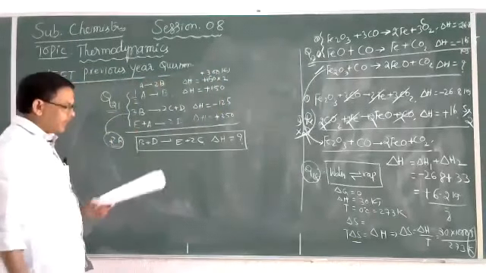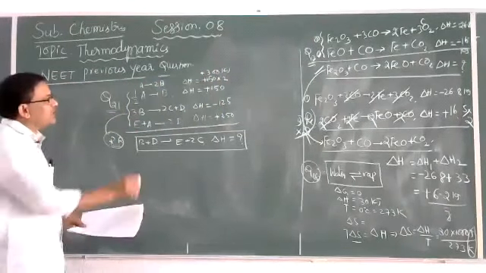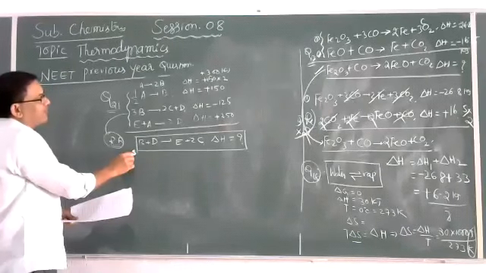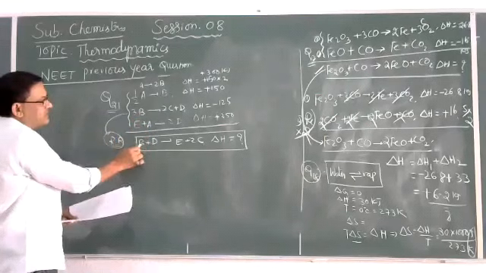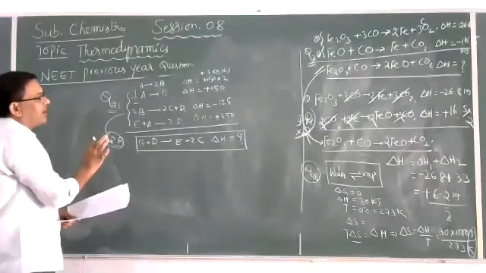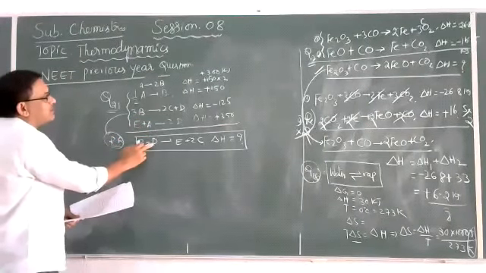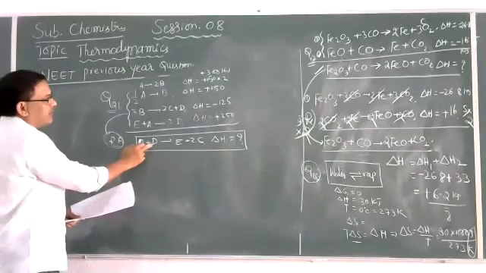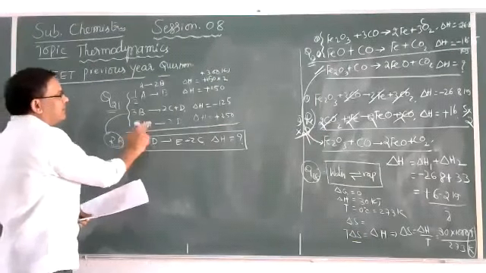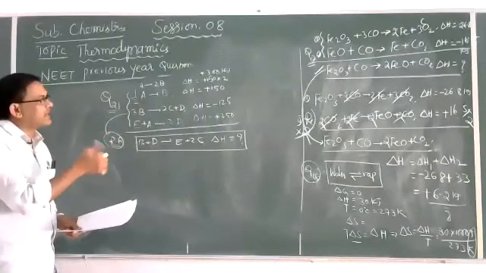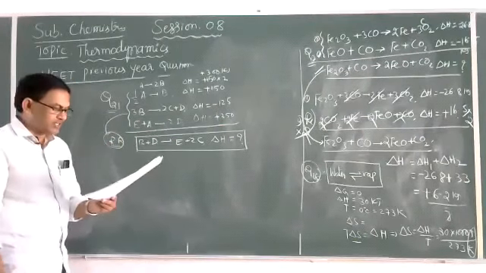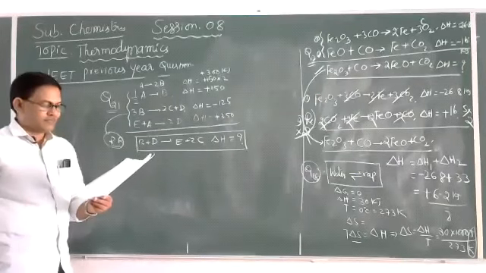We want B on the reactant side as it is, D on this side, and E on this side. So by reversing some reactions, we will get this.